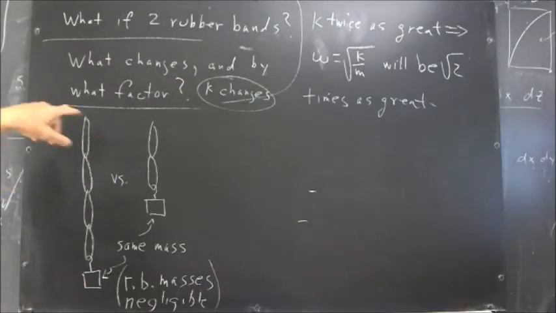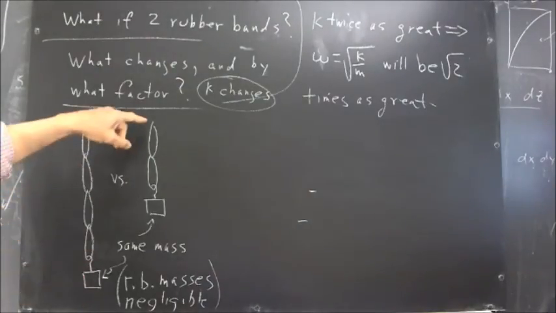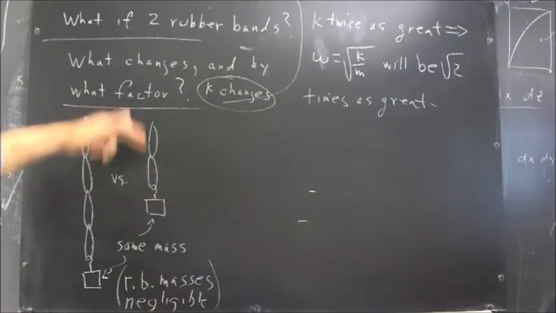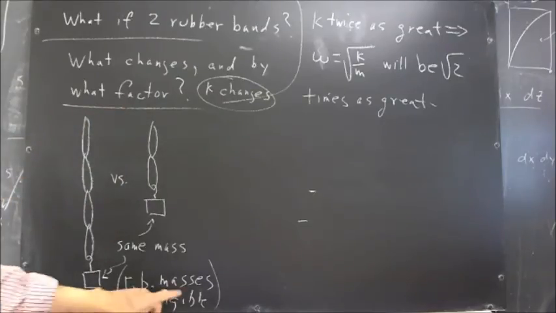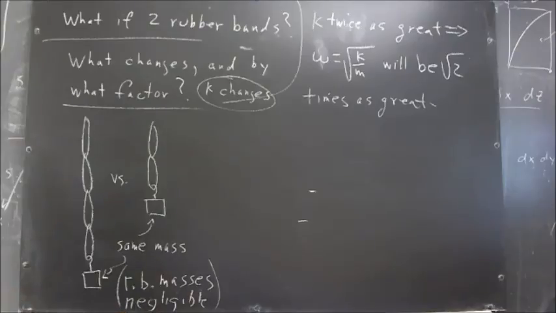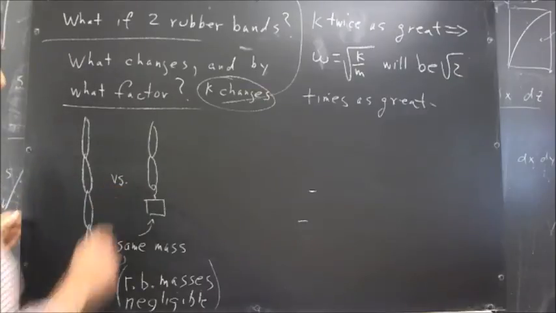So by what factor does K change? Let's say that this represents the chain with 4 rubber bands, and here's the chain with 2. And we assume that the rubber band masses are negligible and that the rubber bands are identical. They aren't identical, but their masses are pretty much negligible within the limits of what we can count. And we assume that they're linear.